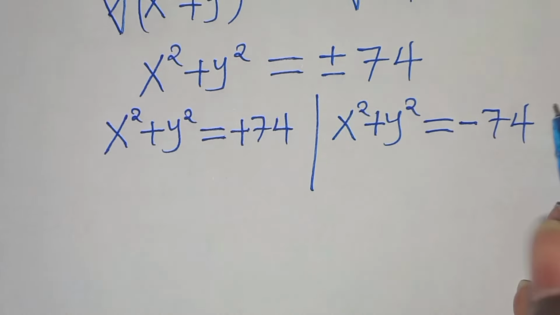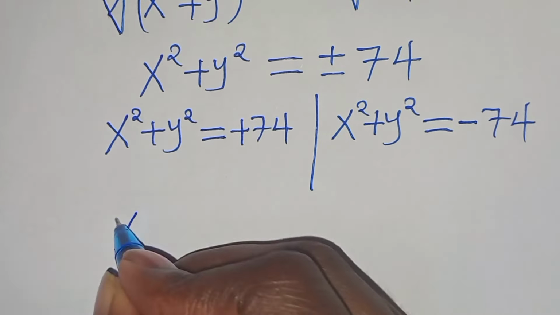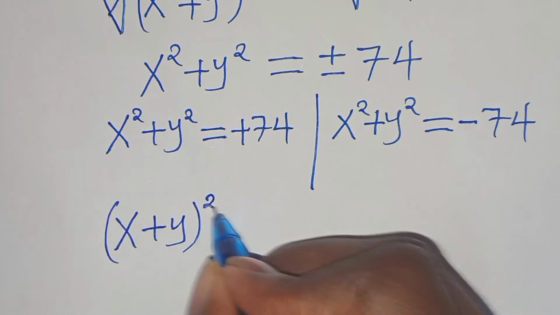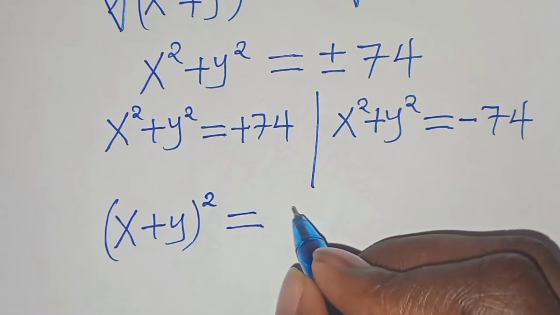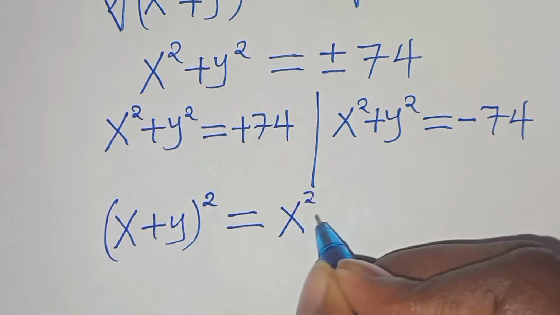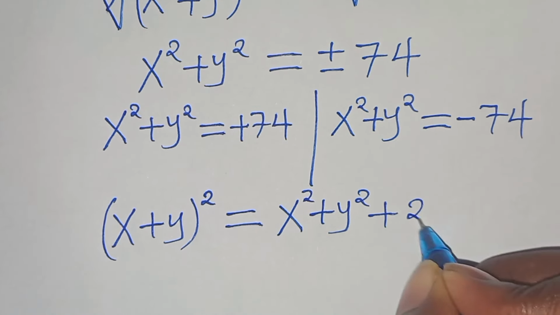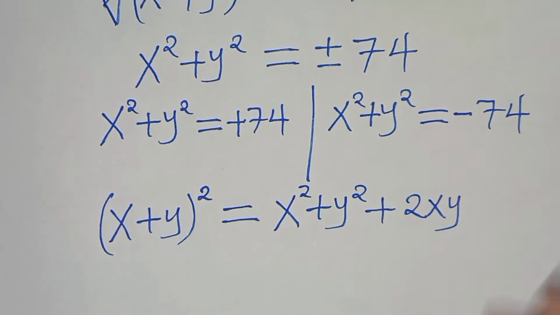The next step from here, we have that (x plus y) raised to the power of 2 can be expressed as x squared plus y squared, then plus 2xy.